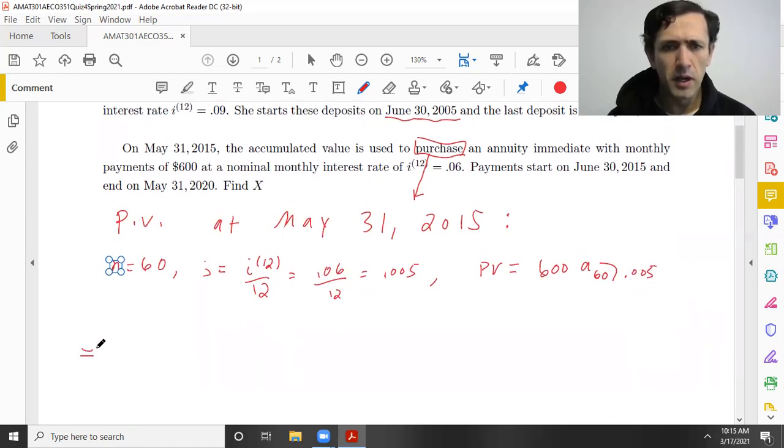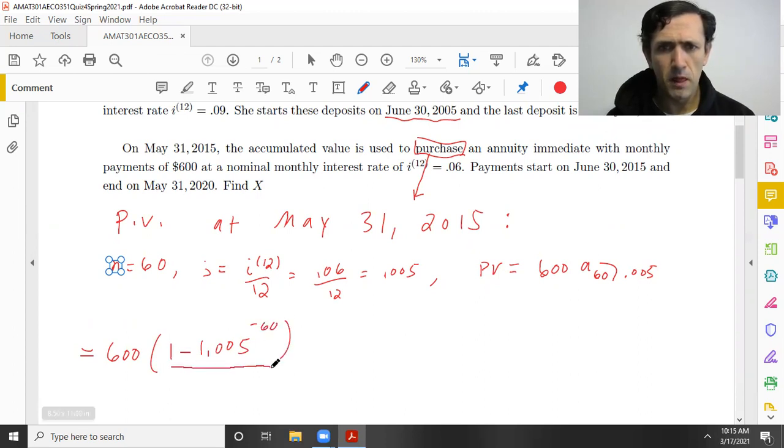And this is going to be 600 times (1 minus 1.005 to the minus 60) over 0.005.